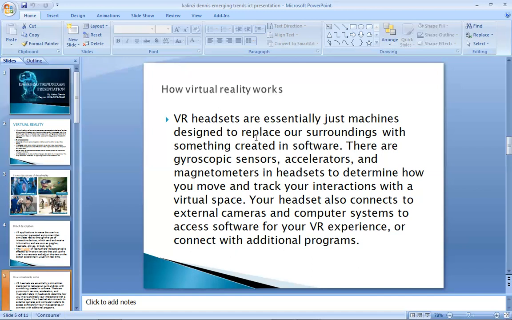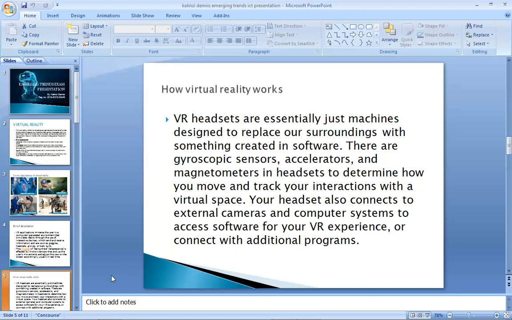It is a virtual experience. Your headset also connects to external cameras and computer systems that have the software used by your virtual reality machines to give you that experience. And it is connected with several other machines that have those programs that run the devices that you're putting on.